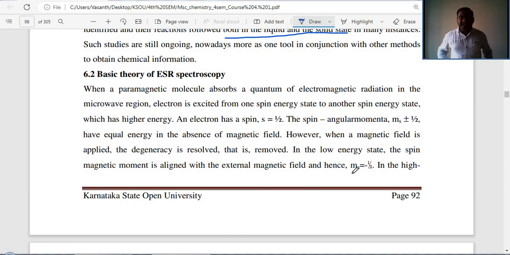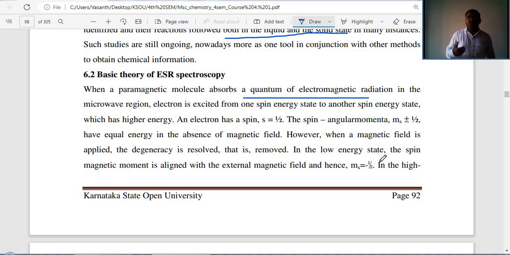What is the basic theory of this ESR spectroscopy? When a paramagnetic molecule absorbs a quantum of electromagnetic radiation in the microwave region, the electron is excited from one spin energy state to another, which is a higher energy state.